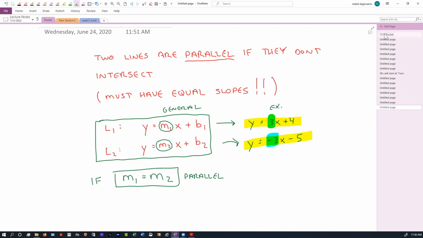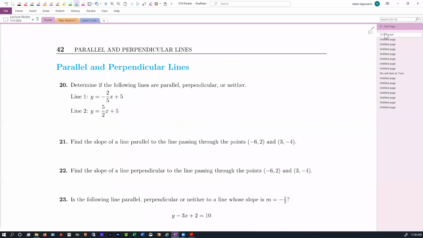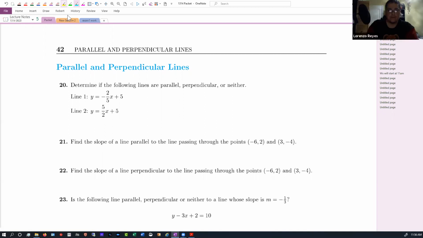Okay, so let's look back in this packet. Let's look at number 20. Determine if the following lines are parallel, perpendicular, or neither. So look at line 1 and line 2. Are they written in slope-intercept form, y equals mx plus b? Yes. Can you tell me the slope of line 1?